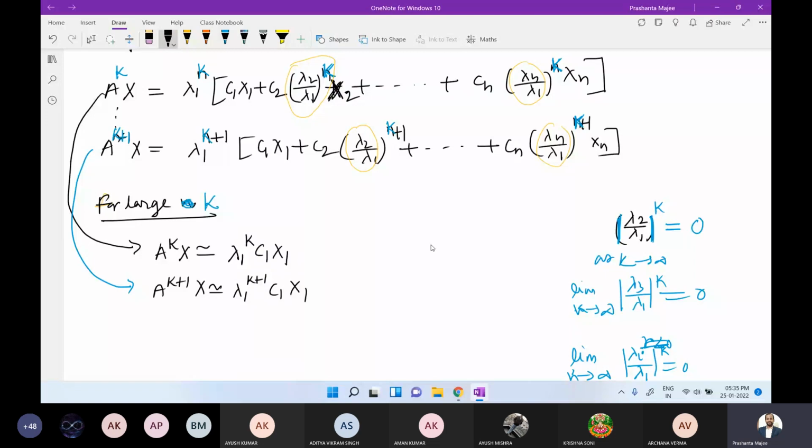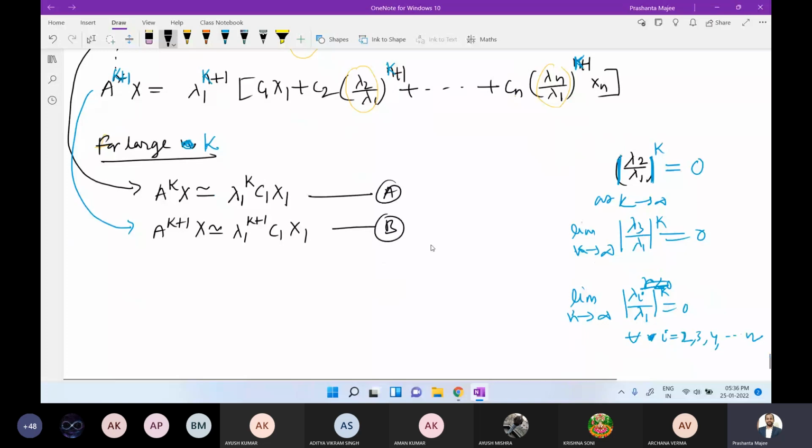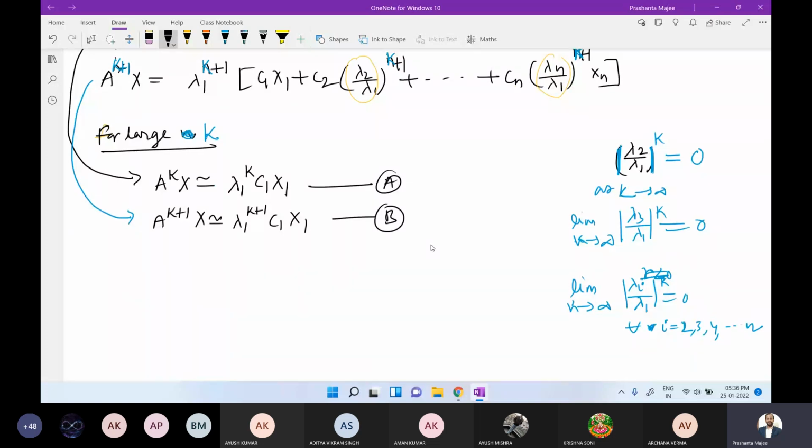So now what you do? Left hand side you have a vector, right hand side you also have a vector. So to get the value of lambda, what you do? This equation is capital A, and this equation is capital B. Divide B by A, which means you are taking component wise division. Right hand side will be cancelled out because they are the same vector.